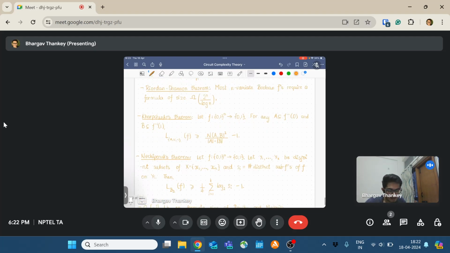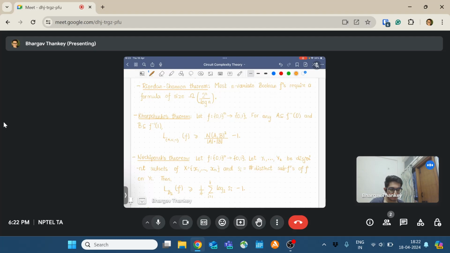Khrapchenko's theorem says that if f is an n-variate Boolean function, then for any A subset of f inverse 0 and B subset of f inverse 1, the size of any Boolean formula in these three gates computing f must be at least |E(A,B)| squared over size of A times size of B. So f inverse 0 is just the set of all x so that f of x equals 0.